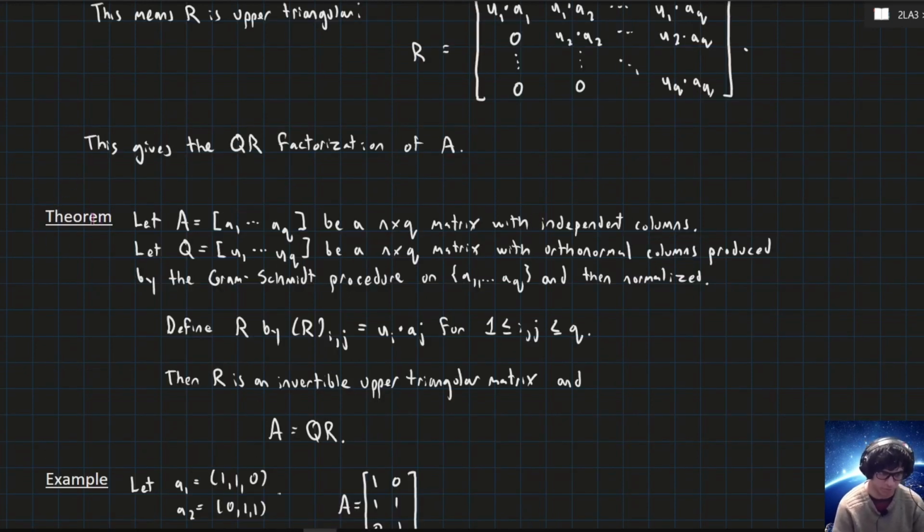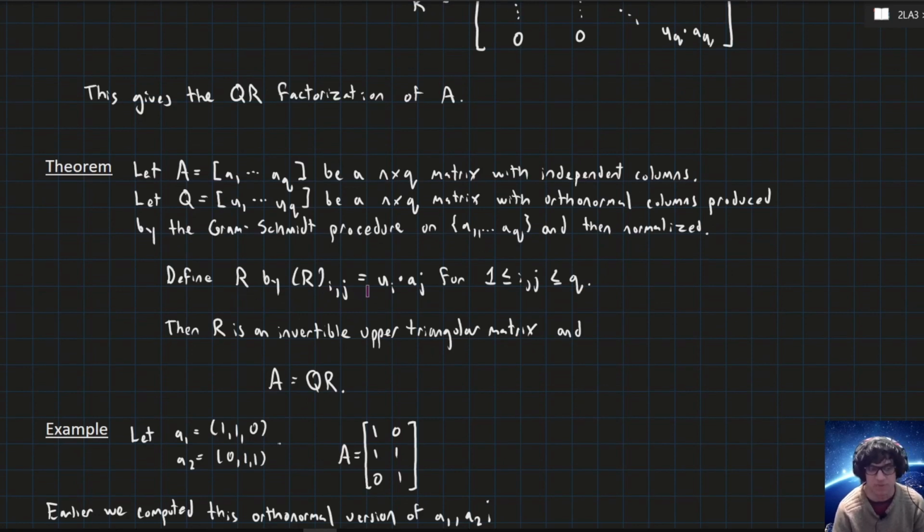So this is the theorem which states the QR factorization. If we let A be a matrix with q many independent columns, and we let Q be the matrix that has columns where we've orthonormalized the A's using the Gram-Schmidt procedure, and if we define R as we did before using these dot products, then R is an invertible upper triangular matrix and A equals QR.